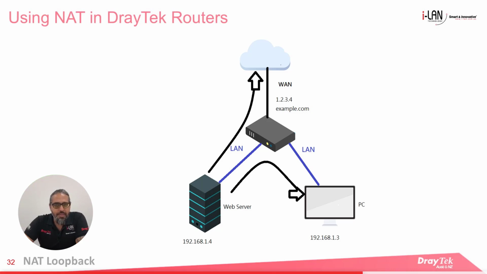For example, the internal web server shown in the image here can be accessed by users in the local network using the public IP, that's 1.2.3.4, or domain name, that's example.com, thanks to NAT Loopback.